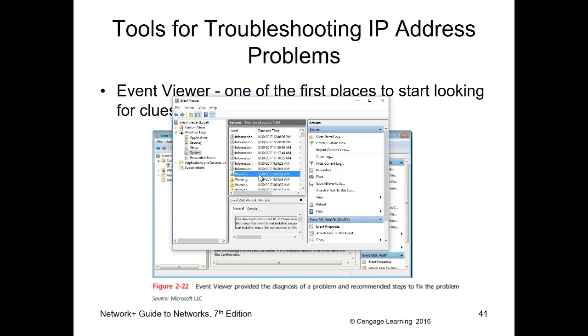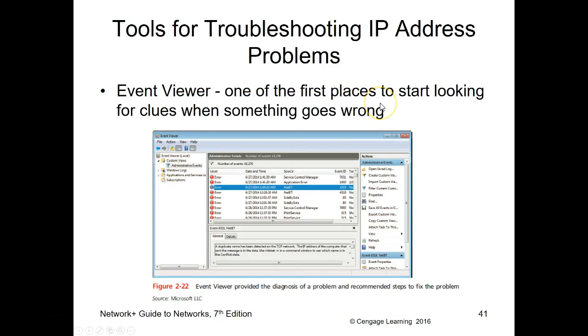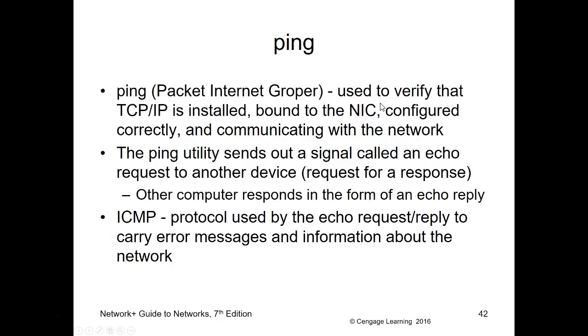If we have a network error, we'll dig in here and start going, oh yeah, I bet I can find some information on it. The event viewer is a great tool, and you can export these, modify them, and create filters. A great tool to start dealing with.